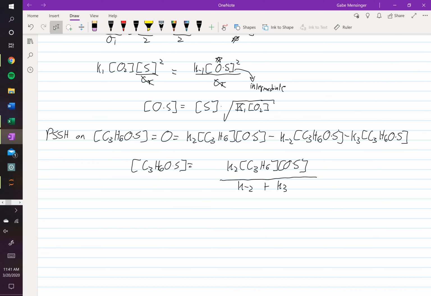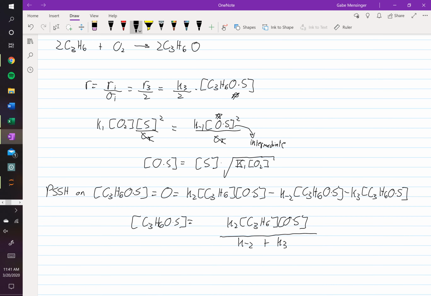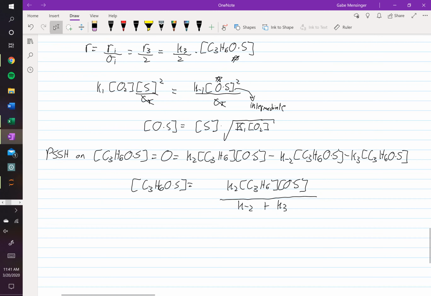All right, so now we have an expression for C3H6O.S, that intermediate. It's in terms of another intermediate, but we do have that intermediate in terms of other things. So we're going to plug that back in.